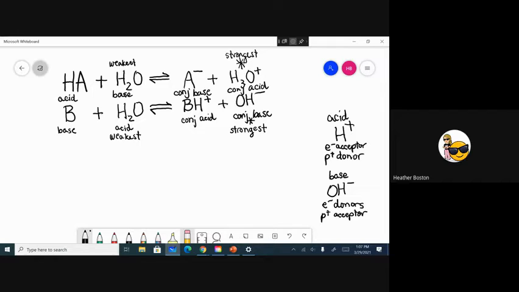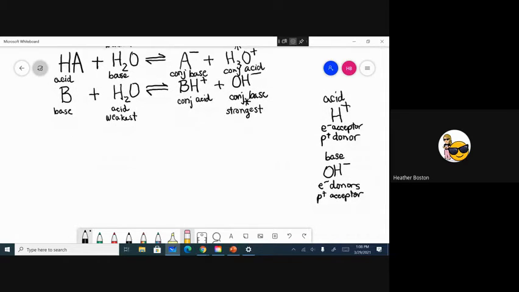Therefore, hydrofluoric's conjugate, which is F minus, will be stronger than nitrous acid's conjugate, which is NO2 minus. So you guys see the arrows up there and how it indicates the strength? So that's how you determine whether an acid and its conjugate are strong or weak.